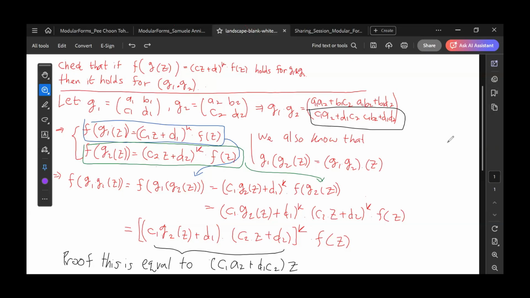Just a matter of calculation. We just have to use the fact that G2 Z2 is, okay.